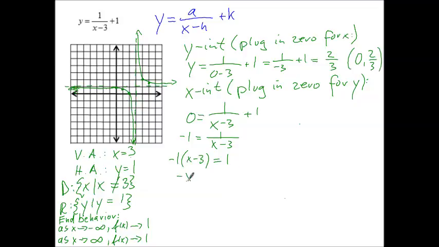Distribute our negative 1. Negative x plus 3 is equal to 1. Subtract 3. Negative x is equal to negative 2. And now we divide by negative 1 to get x is equal to 2. 2 and 0 are the coordinates of the point that we have right here, and that is our x-intercept.